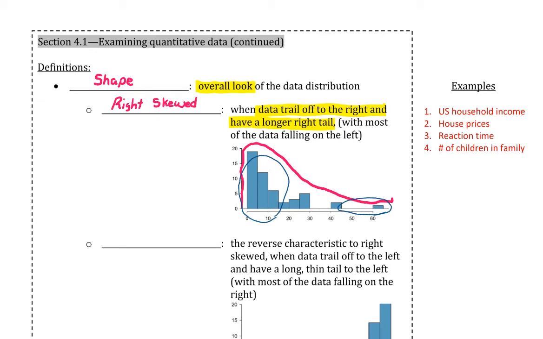The same could be said for house prices. There is a higher frequency of house prices that are in the lower range, and a lower frequency of house prices that are in this upper range. Other variables that might show a right-skewed distribution could be reaction time or the number of children in the family.